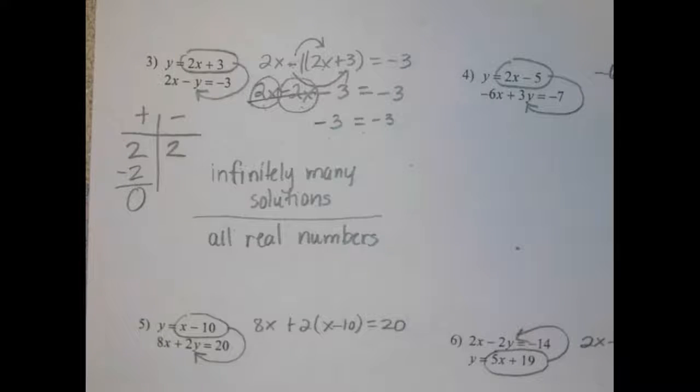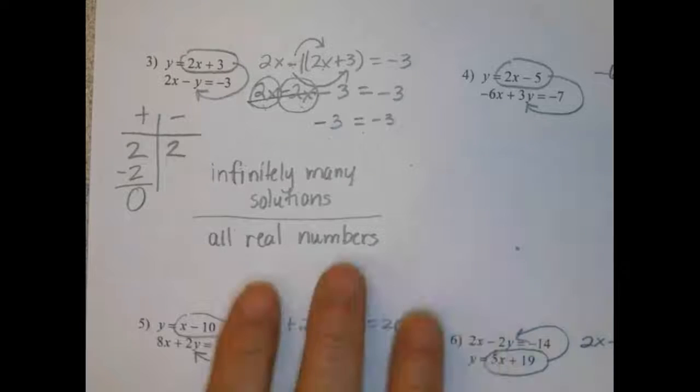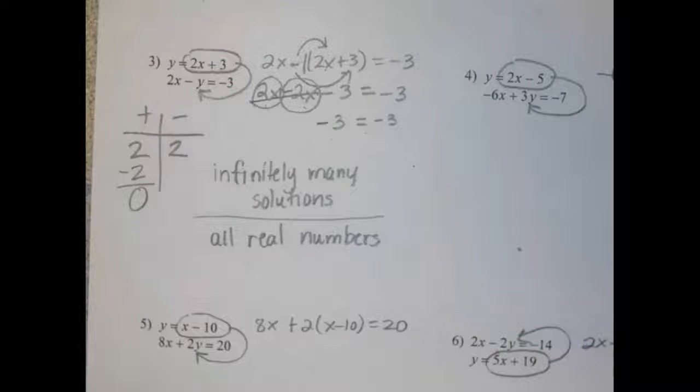So since we're on the subject of special answers, what else could I come up with as a special answer? Let's say my answer is 3 equals 3. No, 2 equals 3.